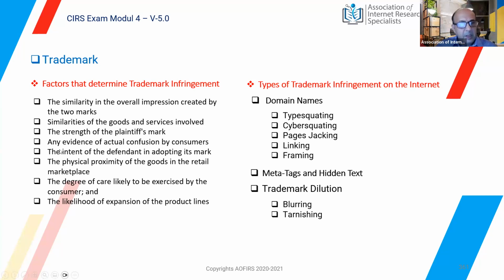Then another thing that you have to be mindful about in trademark is any evidence of actual confusion by the consumer. In order for you to make a case in the intellectual property office or in the legal system, you have to prove that there was harm done to you, or there has been a decline in the profit, or your goodwill is diluted, by ensuring that you are able to prove that the infringer has confused the consumers, intentionally or unintentionally, doesn't matter.